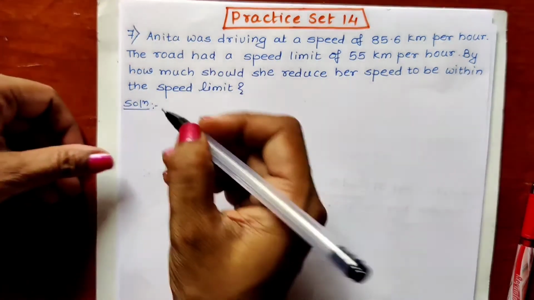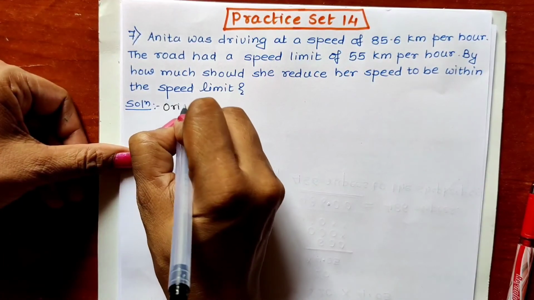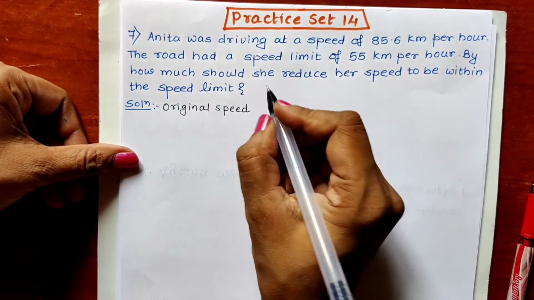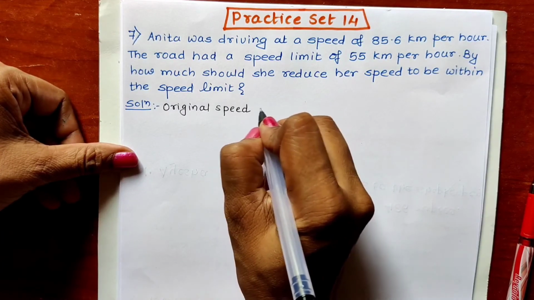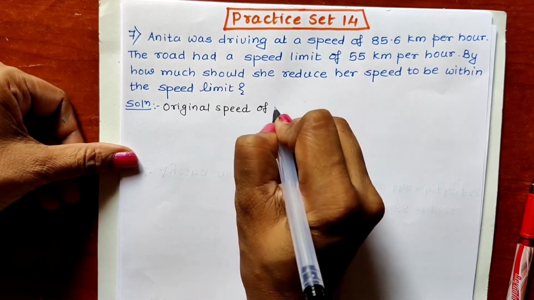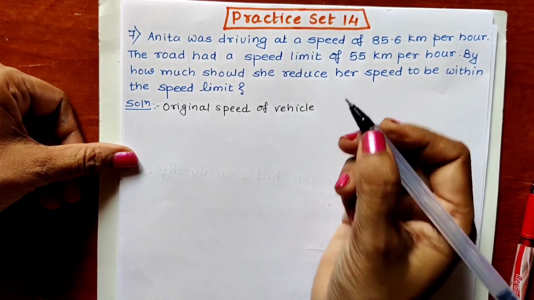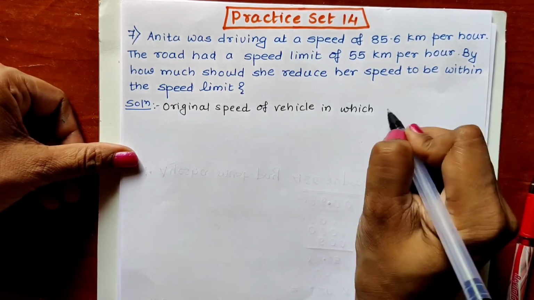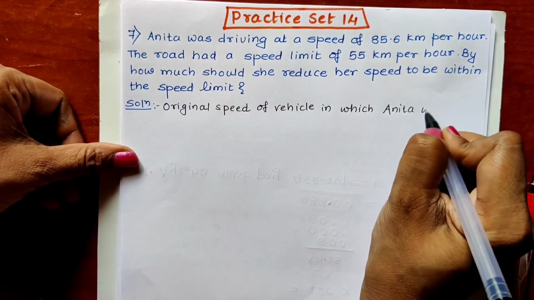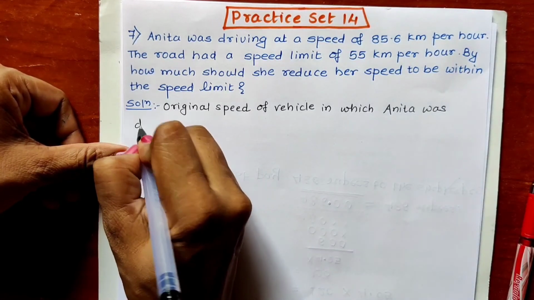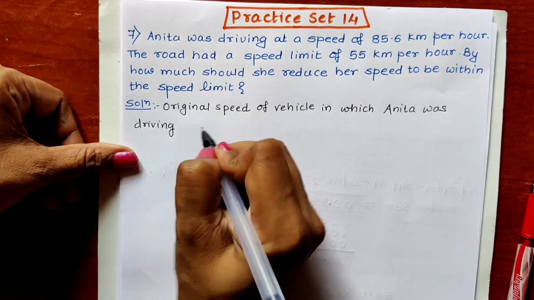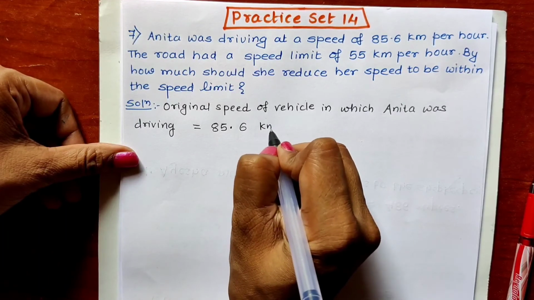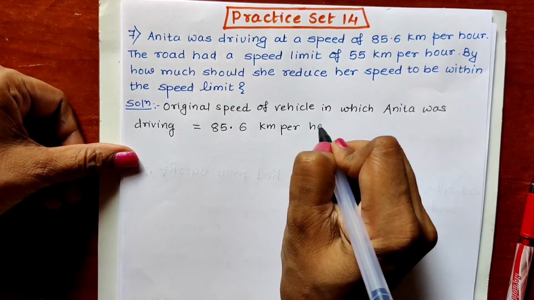So start the solution. Original speed of vehicle in which Anita was driving. What is the original speed? It is 85.6 km per hour.